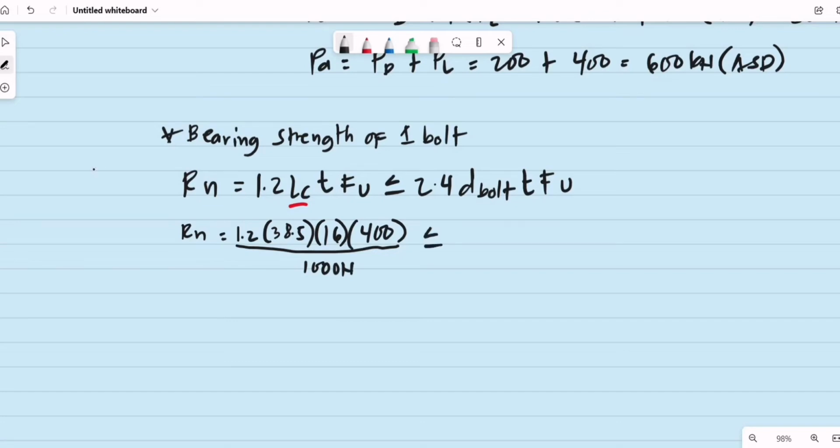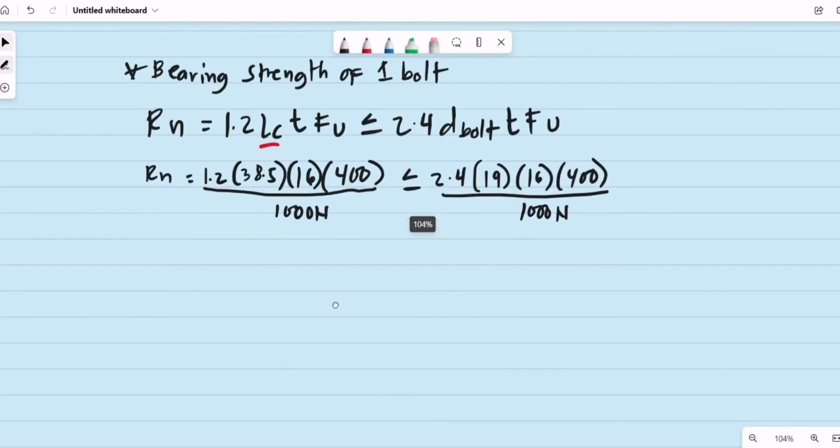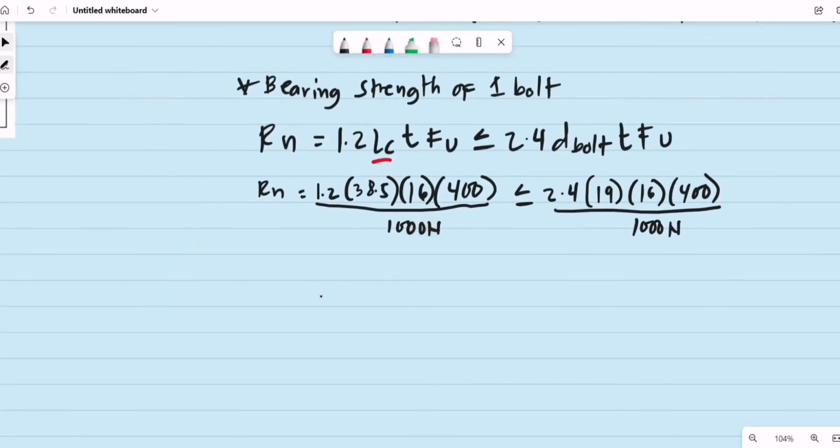And again, it should be less than or equal to 2.4. The diameter of the bolt to be used is 19 mm. The thickness of the plate is 16 millimeters, and F sub U is 400 megapascals. Also in newtons, so to be divided by 1000 newtons, so that our values will be in kilonewtons.